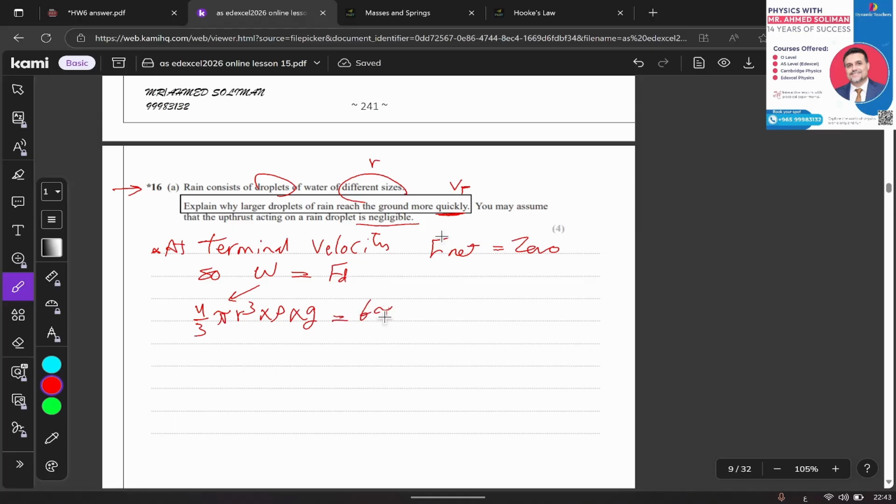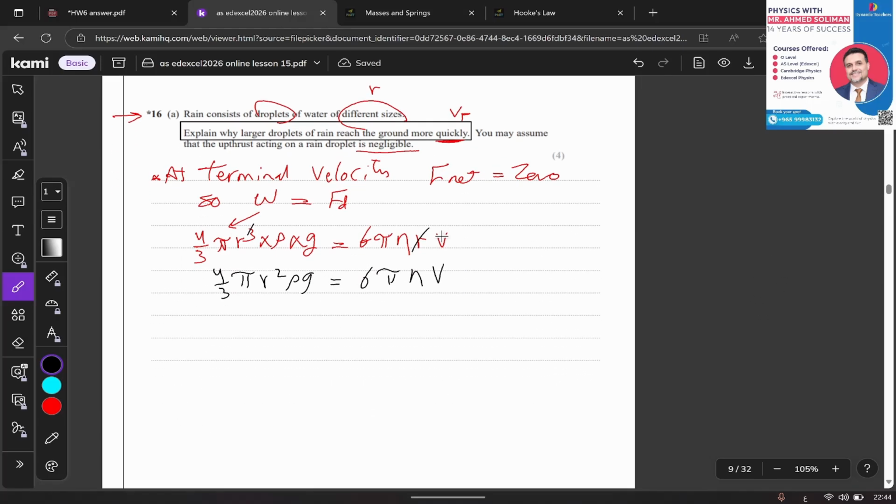Equals 6 pi eta r v, right? Now, what is the relation? We can cancel out r with the cube. So now we can write 4 over 3 pi r squared rho g equals 6 pi eta v. Now, what is the relationship between v and r squared?